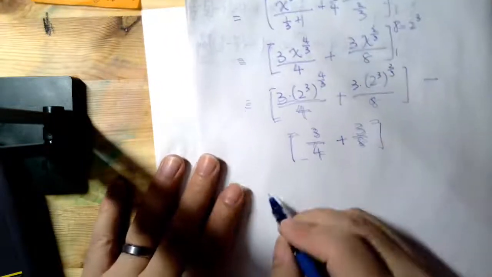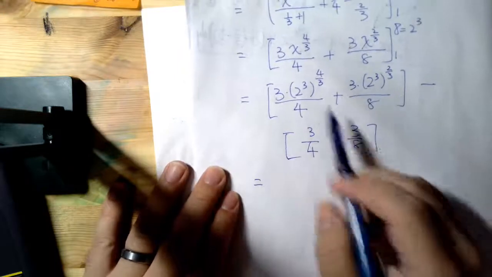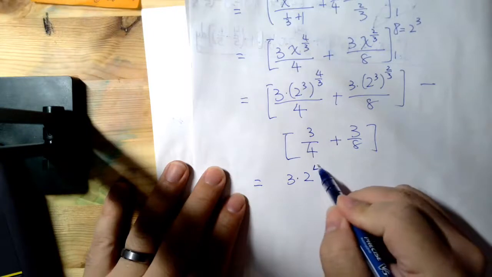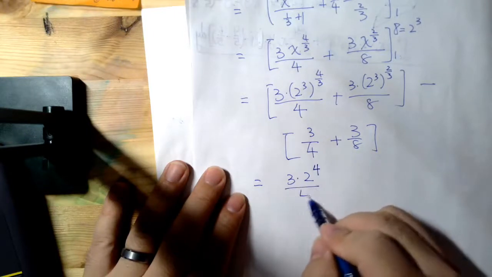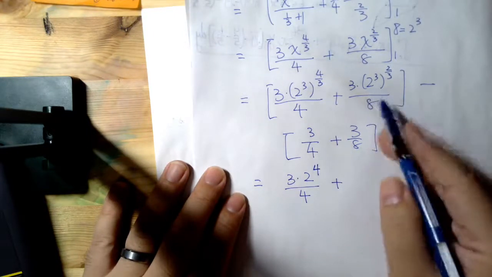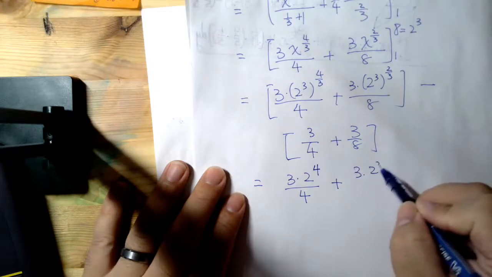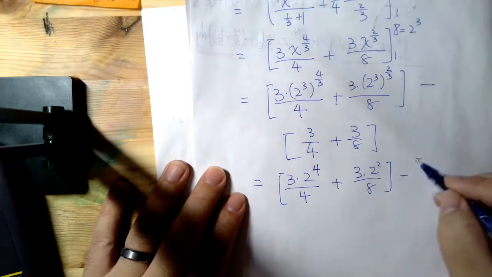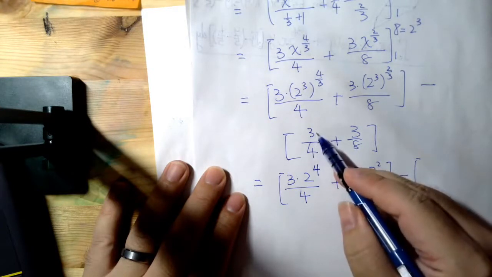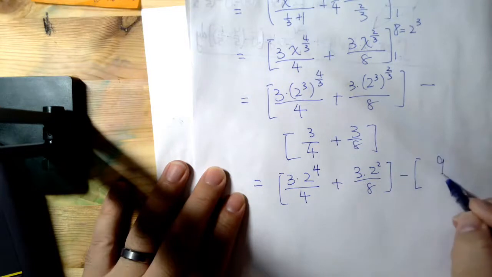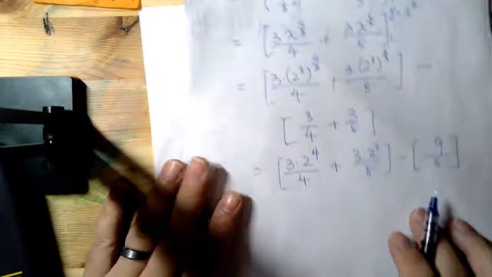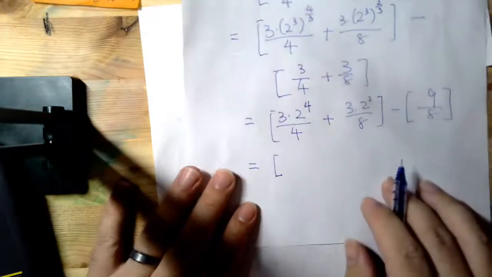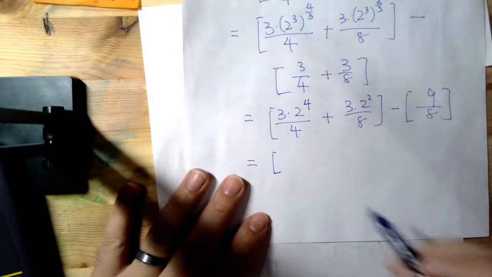So this part you can cancel out, so it's 3 times 2 to the 4th over 4, plus 3 times 2 squared over 8, minus, for this part you can rewrite 3 over 4 as 6 over 8, so it turns out it's 9 over 8. So basically it's simple calculus.